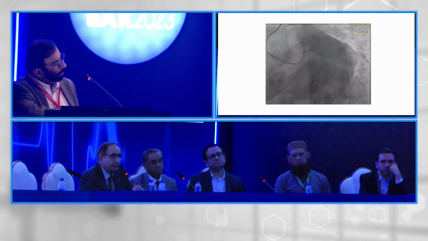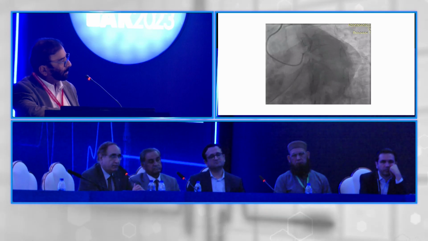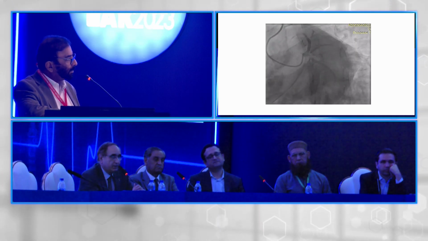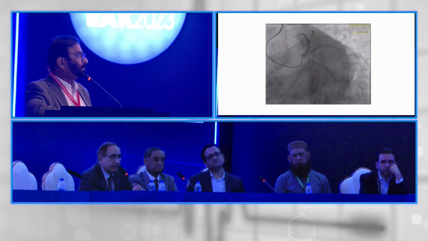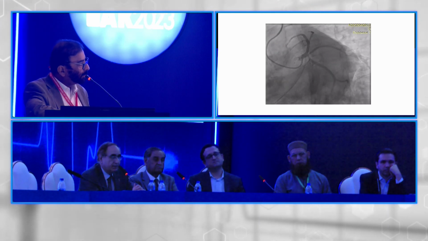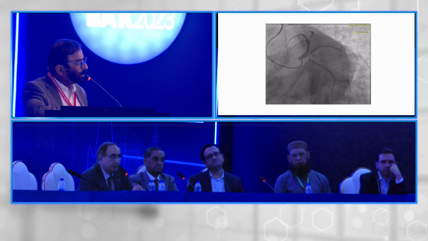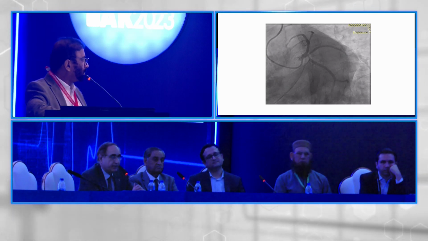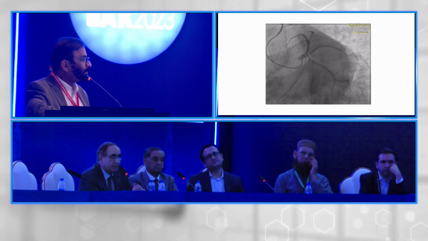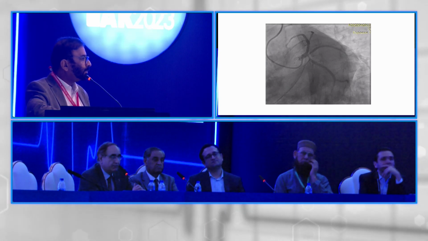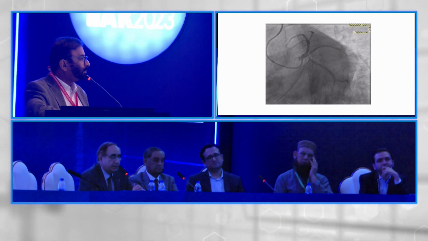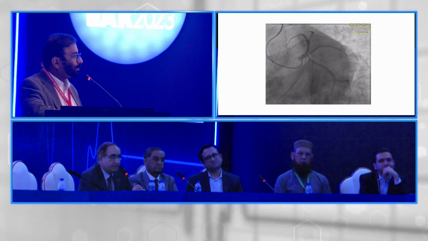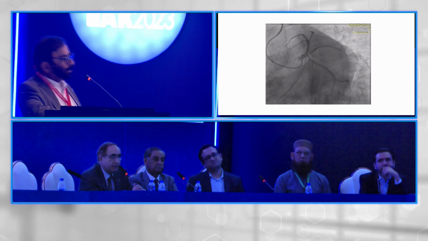Especially the ramus intermedius or the high OM also has disease, and the circumflex is a dominant vessel, and the plaque can shift to the LAD, it can go more into the ramus as well. After putting 3 wires, I think I'll put one balloon into the ramus, keep it there, and stent the circ. Okay, so thank you. That will be my initial strategy.